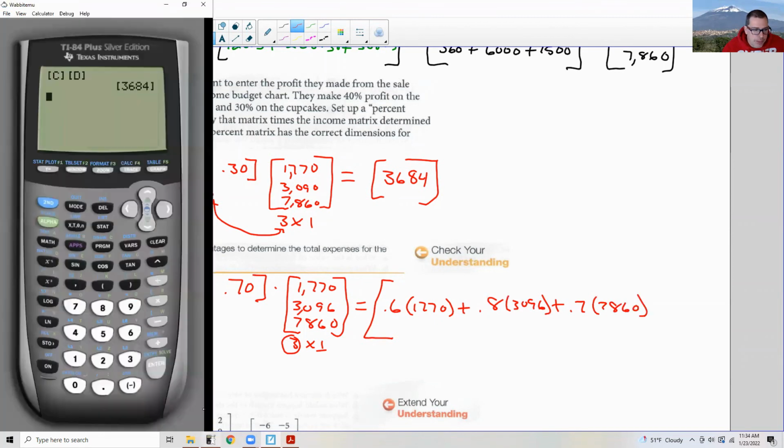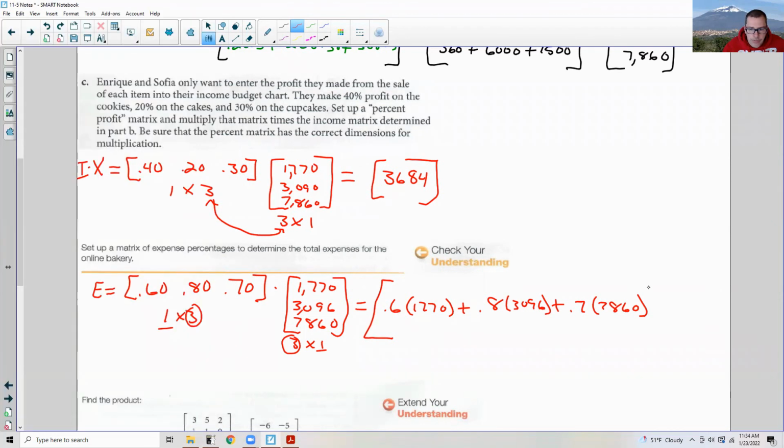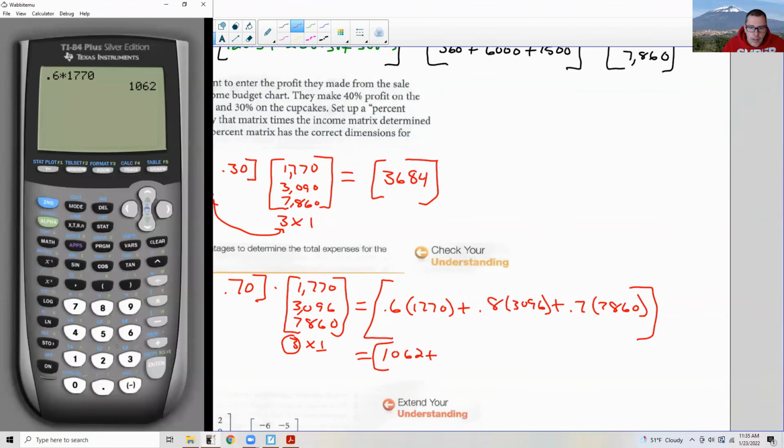Okay, I can do it this way as well. And so it's just 0.6 times 1770, enter, and get 1062. So this is going to equal 1062 plus 0.8 times 3096, and that's 2,476.80.